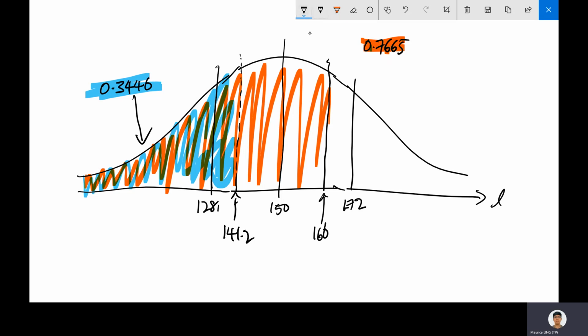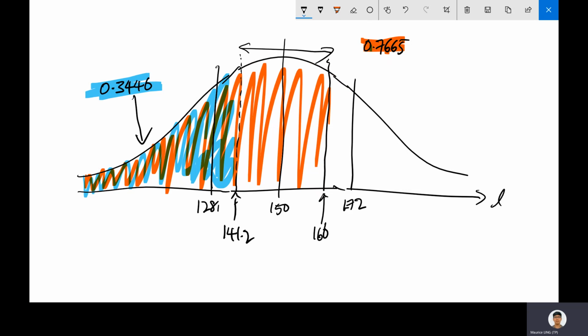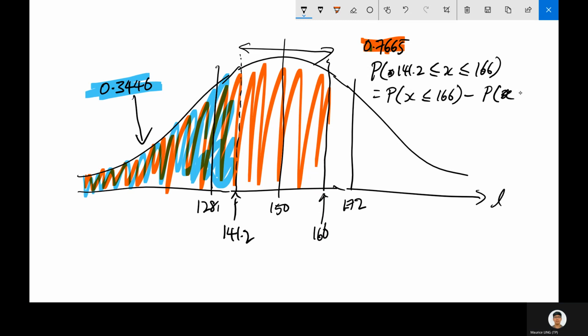Essentially, what is the area here? Just minus off. So the probability of x between 141.2 and 166 is the probability of less than 166 minus the probability of less than 141.2.